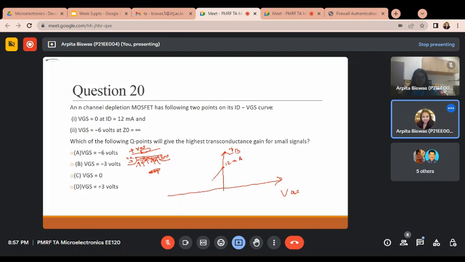So this is the curve. And also after that, when you are giving some positive, the slope will increase like this. Then suddenly it will rise. Okay. So here -6 voltage.